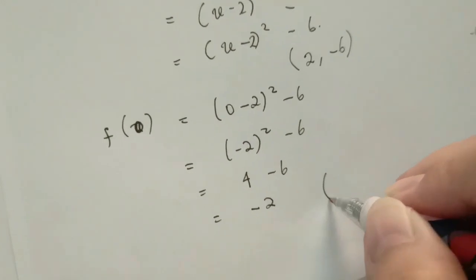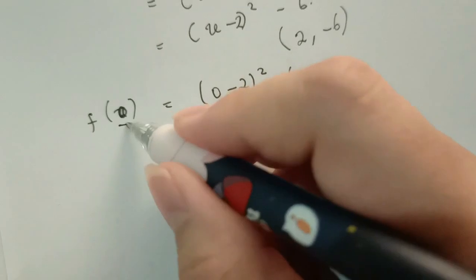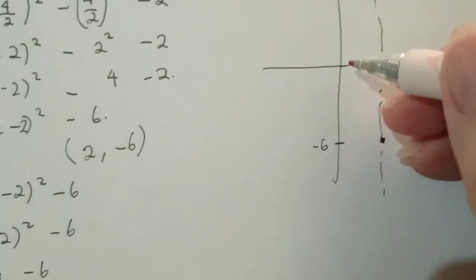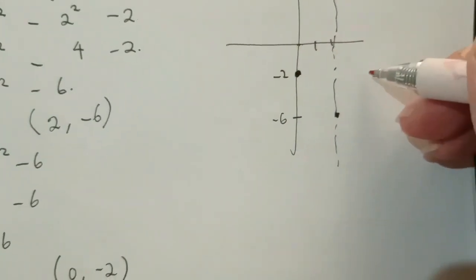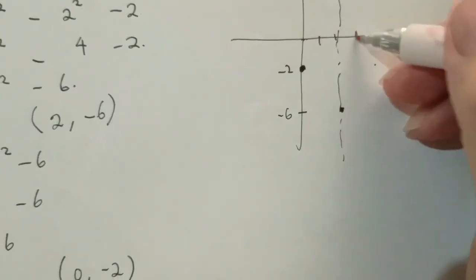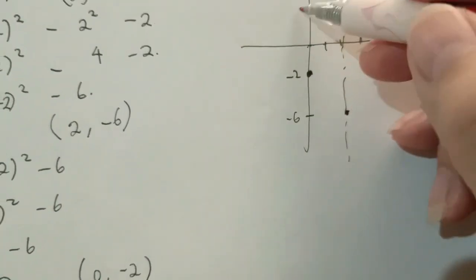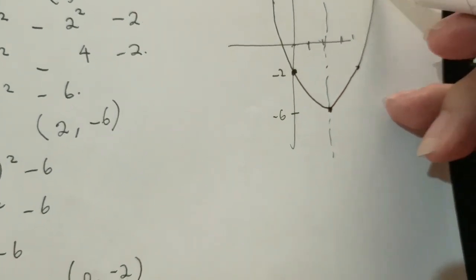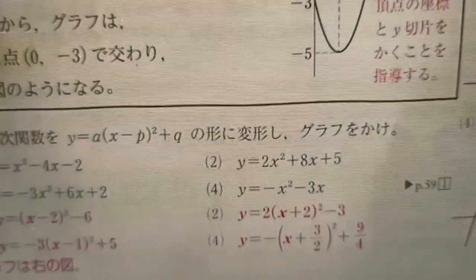So the coordinate will be x is 0, y is minus 2. So over here, if it's 0, minus 2. Over here, the other point will be over here, 1, 2, because this is 1, 2. Let's draw like this, like this. Finished.